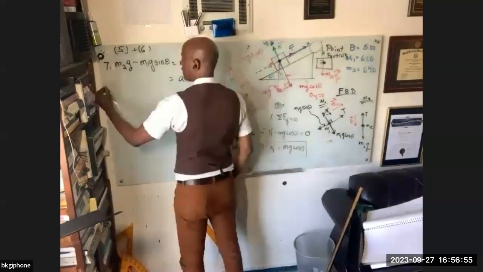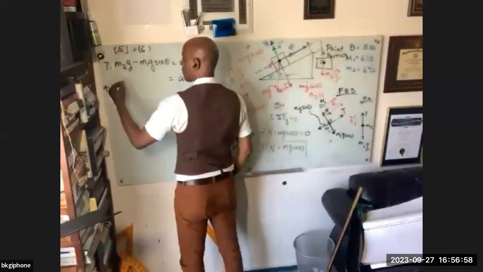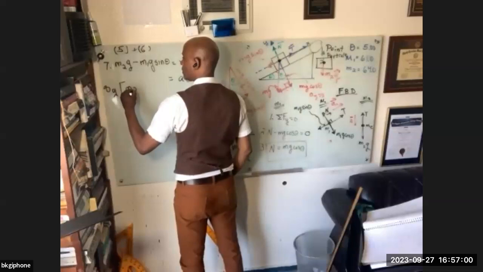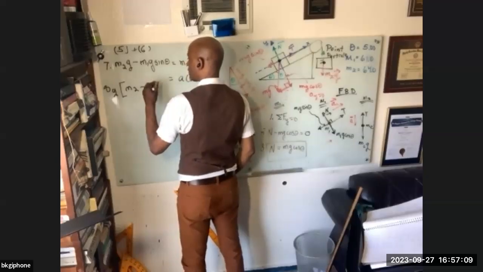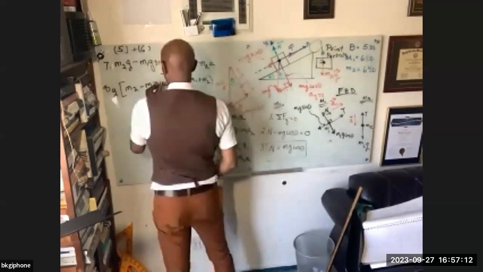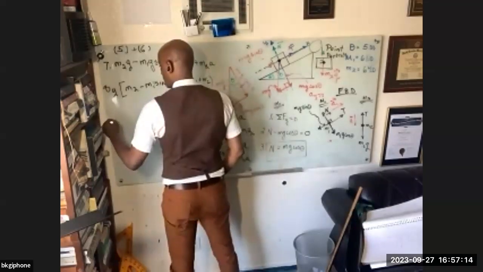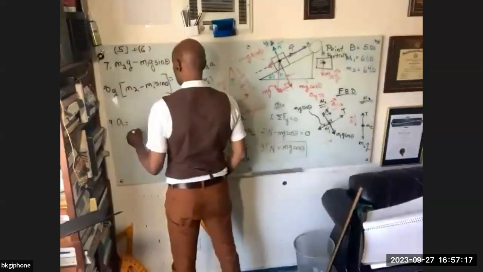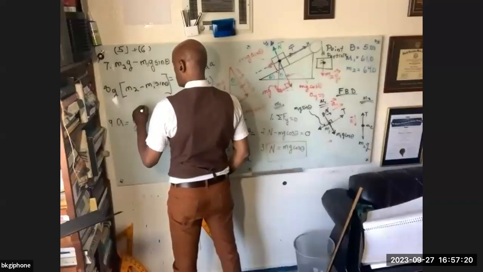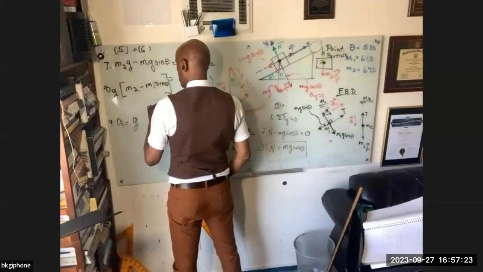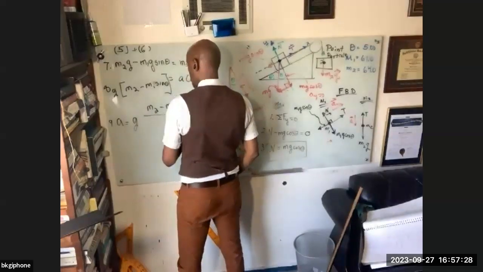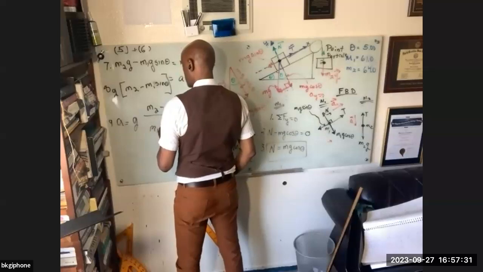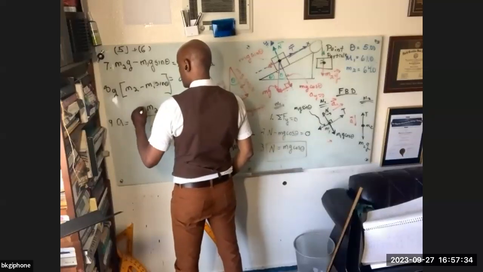Over here, I can factor out a G. So I'm going to have G times quantity, M2 minus M1 sine theta, because I factored out the G. Now solving for A equals G times M2 minus M1 sine theta divided by M1 plus M2.